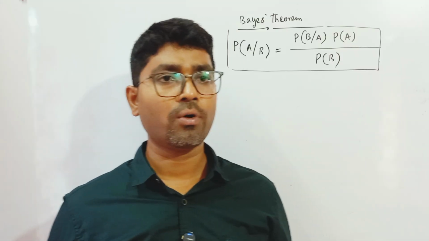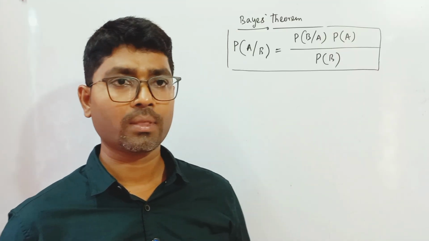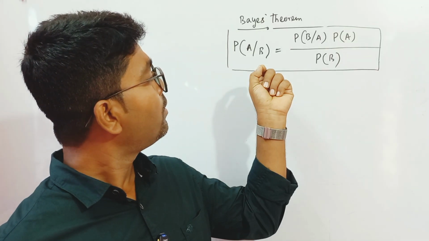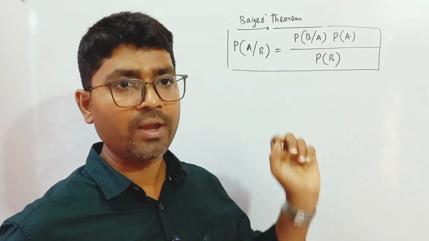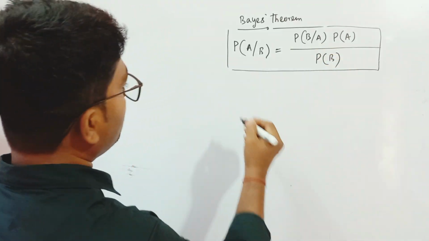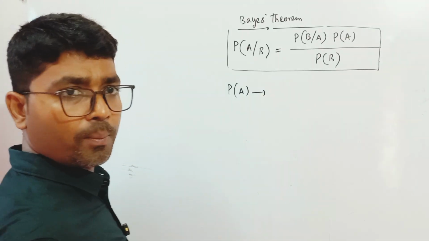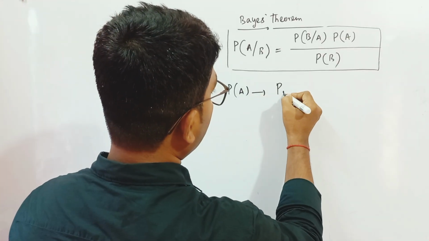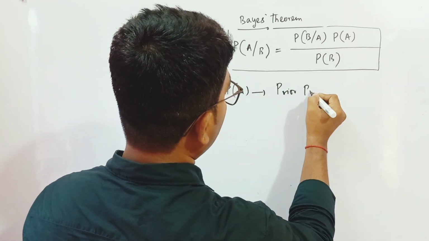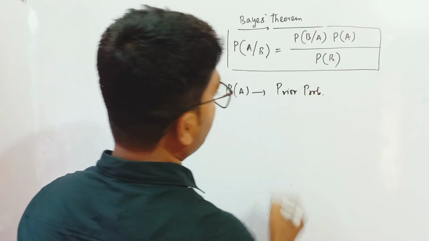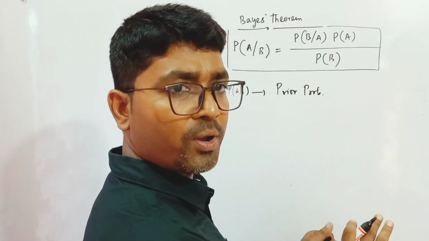Now don't try to memorize this formula blindly. Firstly, understand what each term means. Now what is P of A? P of A is our prior probability. That is the probability we have previously known.